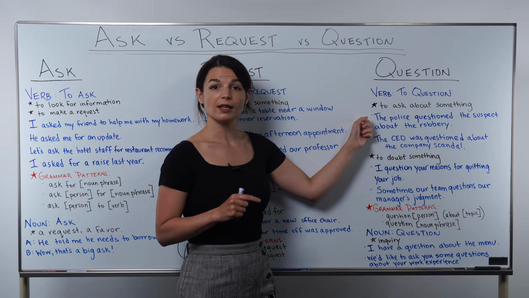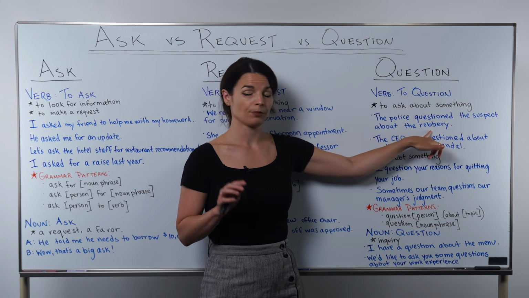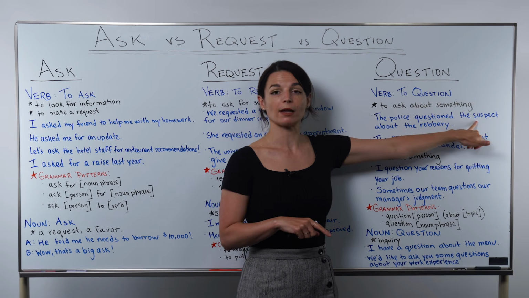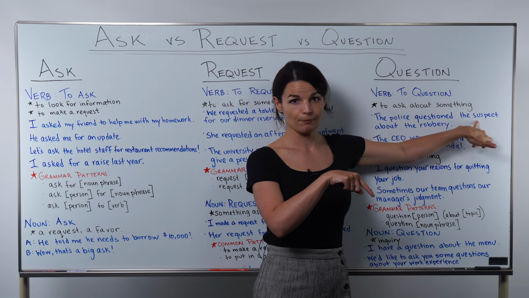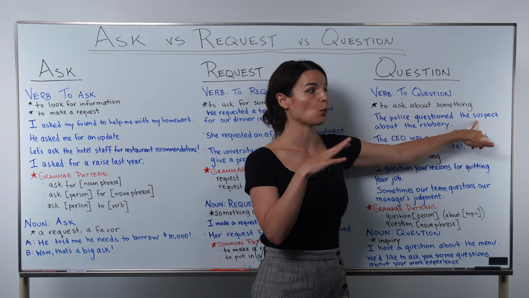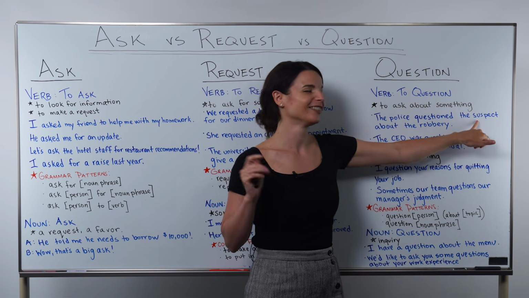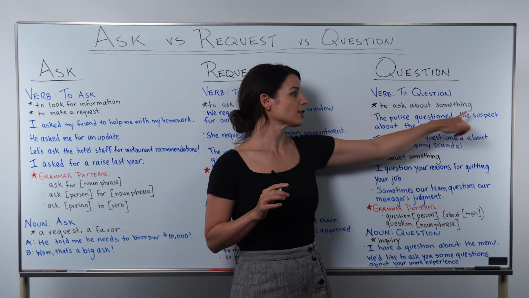The police questioned the suspect about the robbery. The suspect means someone that the police thinks did a crime, okay? They did something bad. It's not confirmed, but they think this person might be the bad guy or bad girl. So the police questioned, past tense here, the suspect.